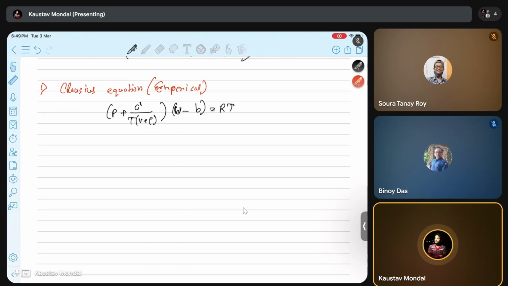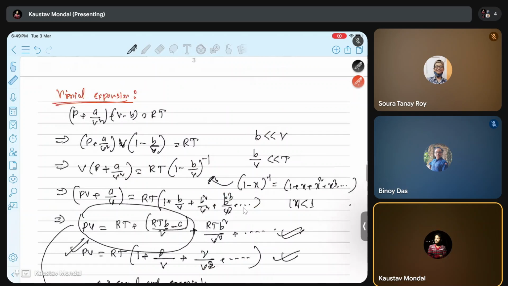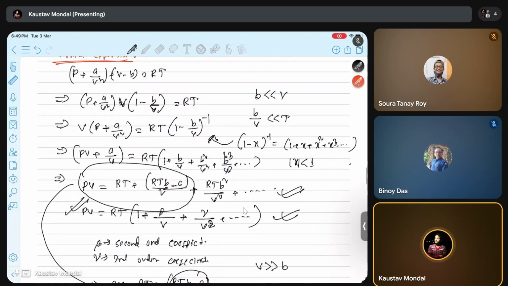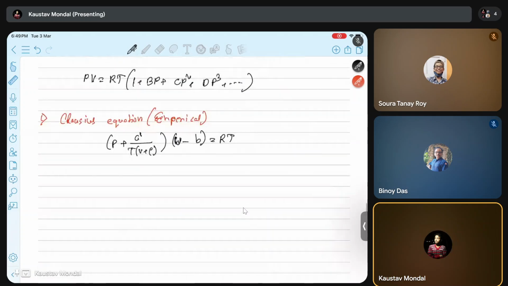Here you can see the expression is a bit changed. The volume comes in the denominator compared to the van der Waals equation, and there is also another constant C. Here there is a temperature and also volume, not the volume square as in the van der Waals equation.